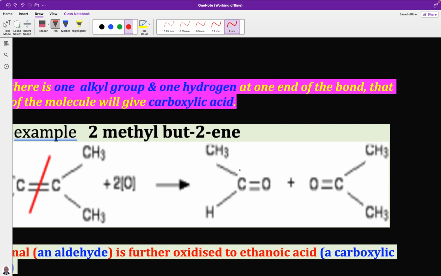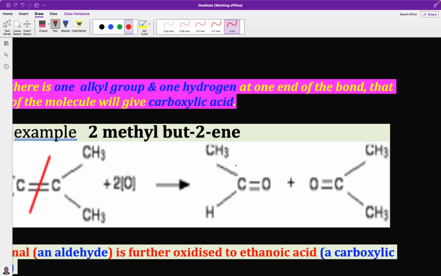That is why we say that the part of the molecule that has the methyl group and the hydrogen will give a carboxylic acid.